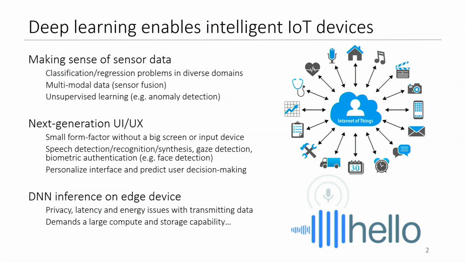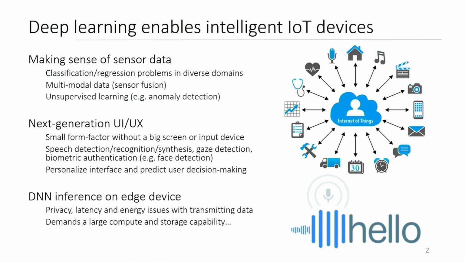And we're starting to see really convenient user interfaces based around things like natural language. So we're using things like speech recognition and speech synthesis, gaze detection, even biometric authentication. These are all driven by deep learning techniques these days, and we wouldn't be able to do these things without deep learning.